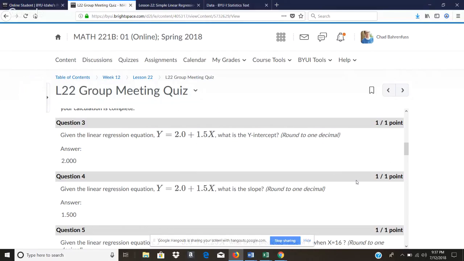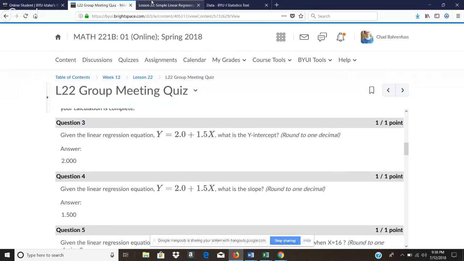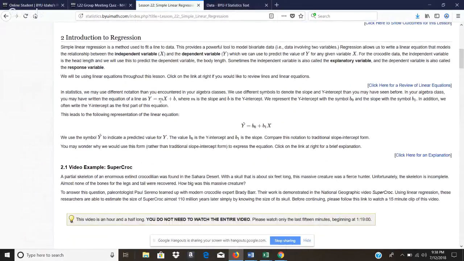All right. So in the book, it talks about how, remember in algebra, y equals mx plus b. The formula at the beginning of the chapter, right? It talks about it up here, where m is the slope and b is the y-intercept.